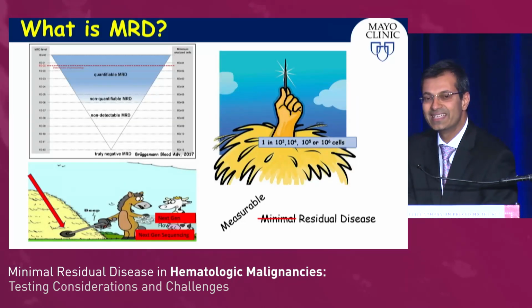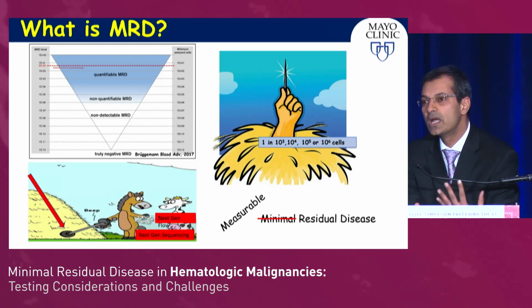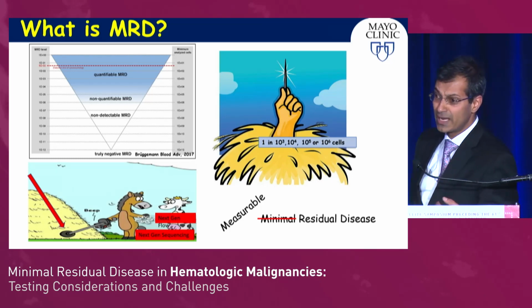So what exactly is MRD? MRD actually refers to the low level of disease burden that cannot be detected by cytomorphology. In a newly diagnosed patient with leukemia, one can see up to 10 trillion leukemic cells, and at the time of CR, that number declines to 10 billion.